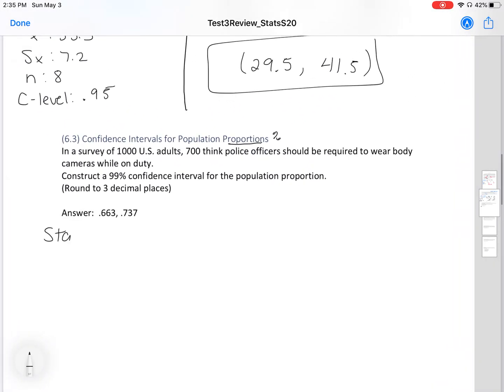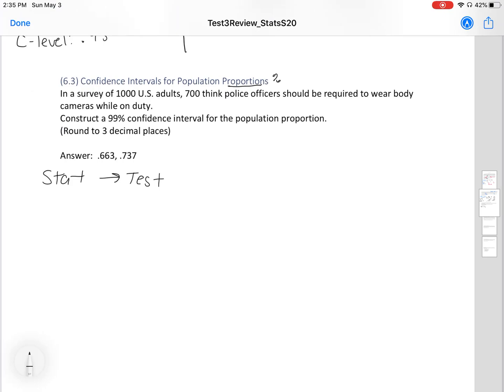As always, press the stat button, scroll to the right to the third option so that test is highlighted, and then scroll down until you choose 1-PropZInt. There's another one that looks like this, but make sure it ends with int. Now, my calculator makes this option A. So if you want to use a shortcut, you can press the green alpha button and then A.